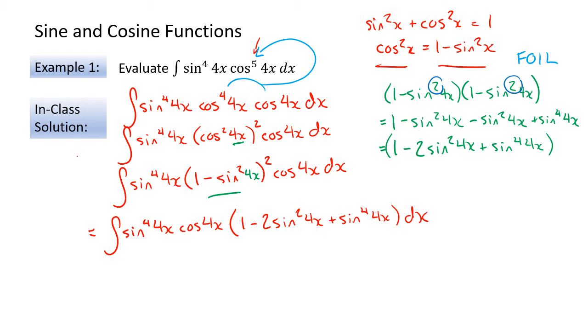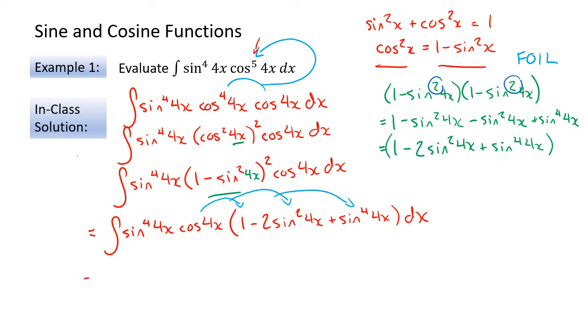It will simplify out to easier integrals. I know that this looks like a lot. So I'm going to multiply each of these out, in other words, into each of these terms.